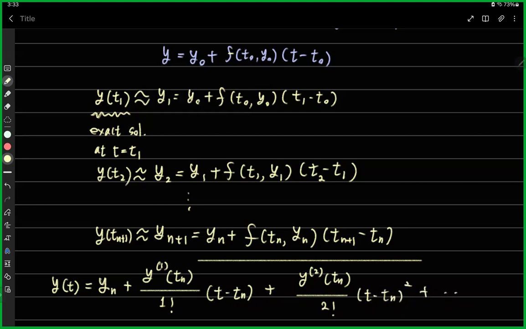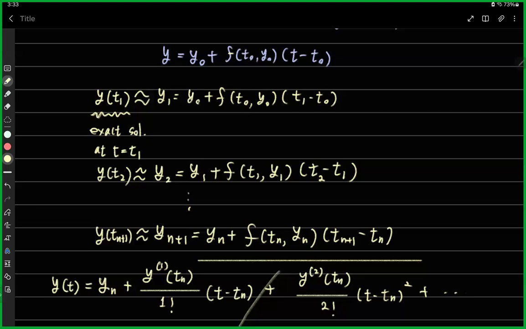This is Taylor's polynomial. So we cut here. This is exactly the same as this one, right? That's Taylor's polynomial centered at t equal to t sub n.